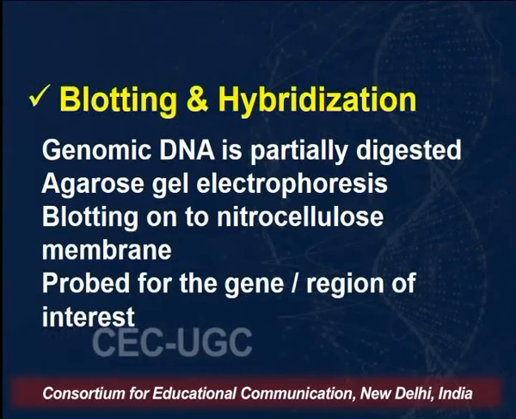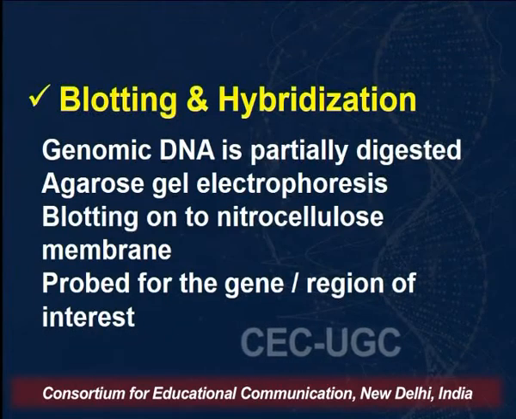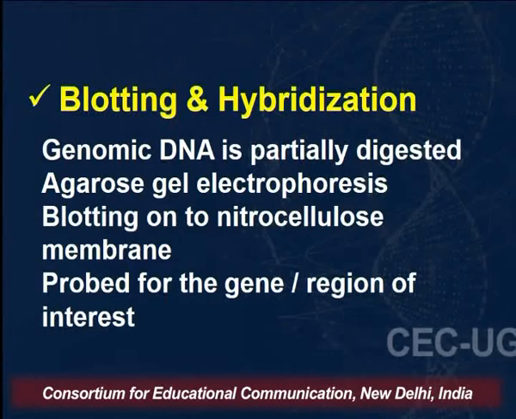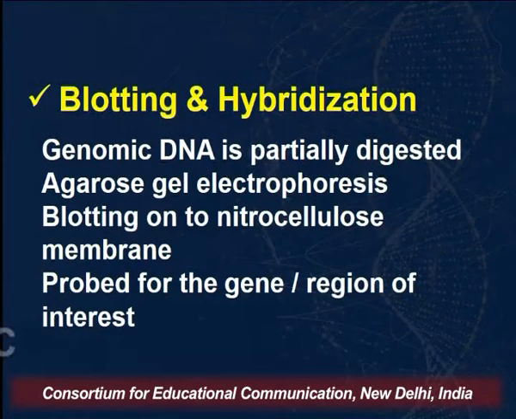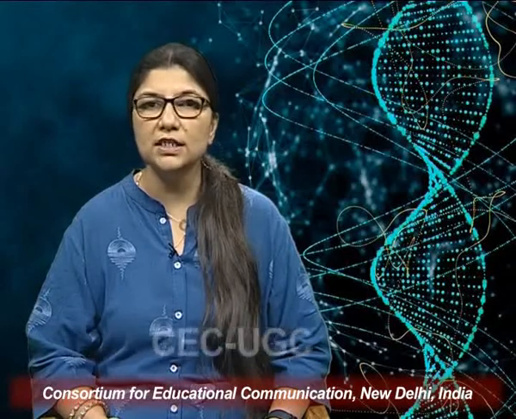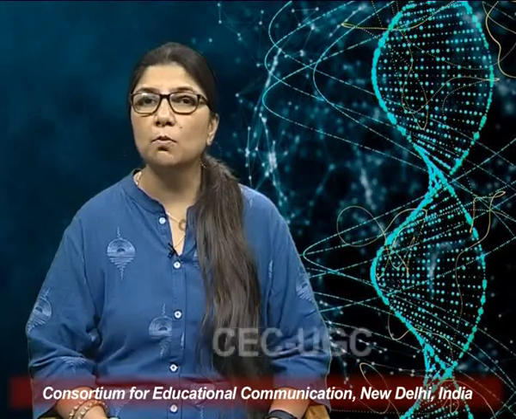The fragments are blotted onto the membranes, the nitrocellulose membranes, and then they are probed for the gene or region of interest. We have talked in detail about the various steps involved in the entire procedure, and how we can blot different biomolecules such as DNA, RNA or proteins.